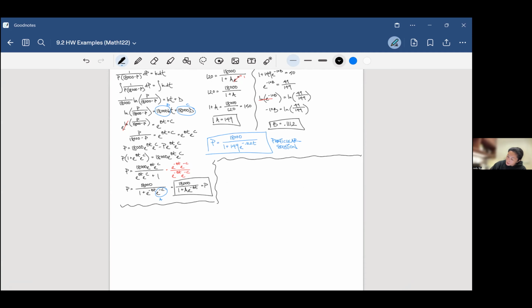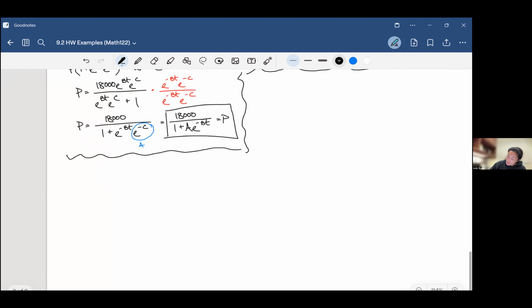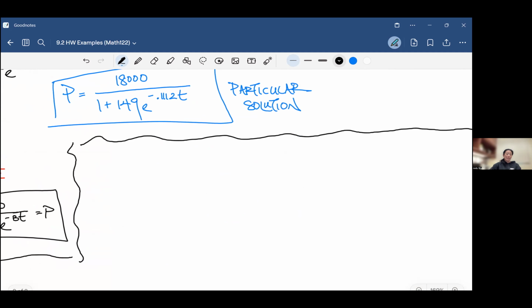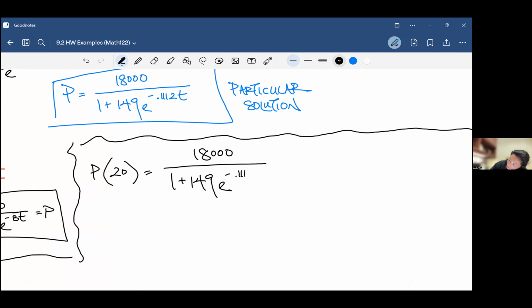All right. So let's find out how many people are infected after 20 days. That's going to be P of 20. So I've got 18,000 over 1 plus 149 e to the negative 0.1112 times 20.